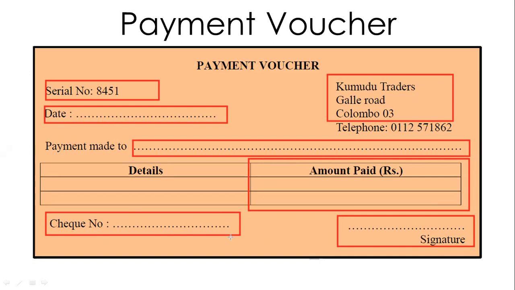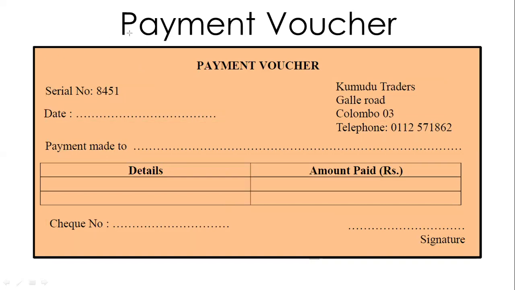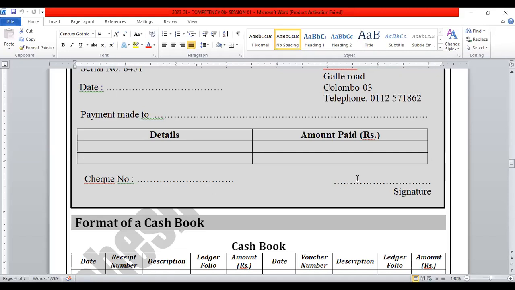You won't be asked to draw a receipt, so you don't want to study this format. But you should know what are the common information found in a receipt and a payment voucher. Okay, great. There is the format.